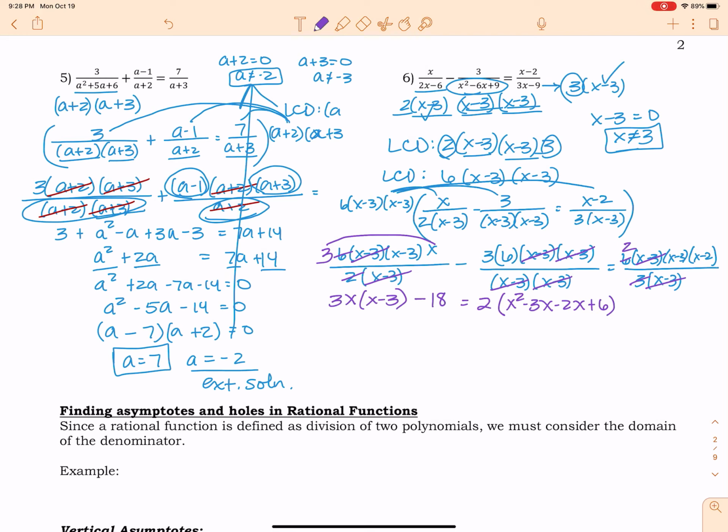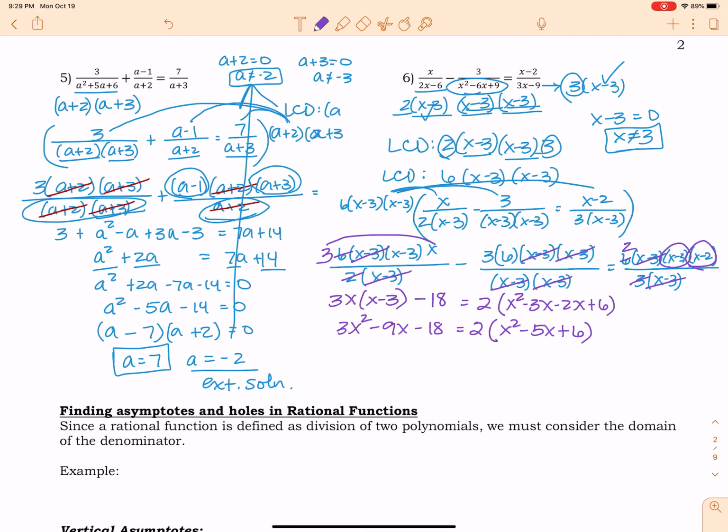So we foiled those two binomials. Now we're going to tidy some things up. So I've got to distribute my 3x. So I have 3x squared minus 9x minus 18 equals 2 times x squared minus 5x plus 6.